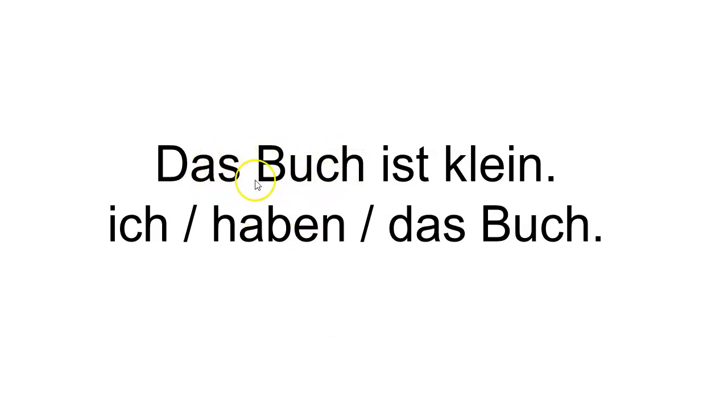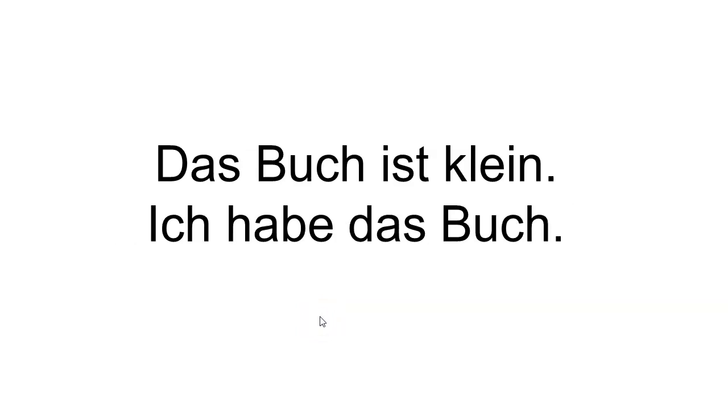Now we want to use the book as a direct object. So if I want to say I have the book, how do you say that? Ich habe das Buch. Remember, for neuter nouns, it's the same in the nominative and the accusative. Das Buch ist klein. Ich habe das Buch.